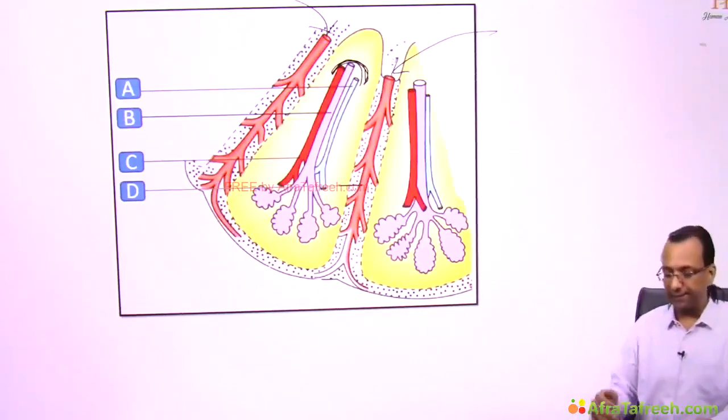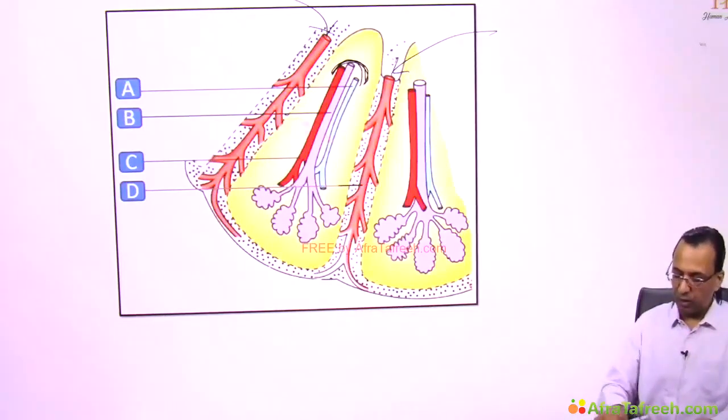Now, one BPS is having 3 structures, but some structures are at the margin.